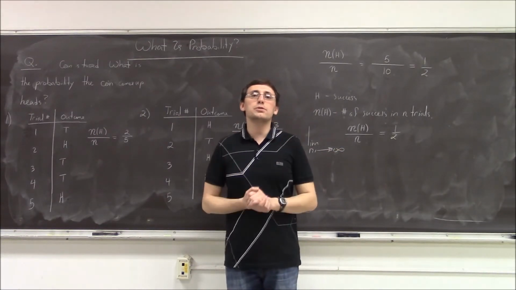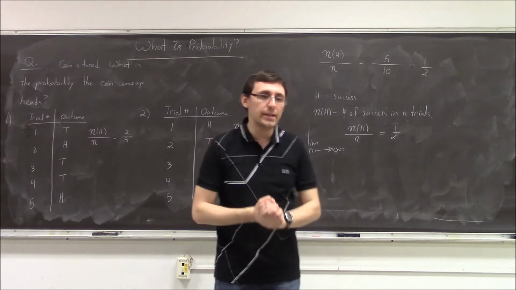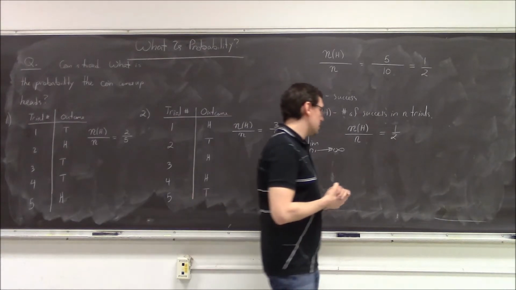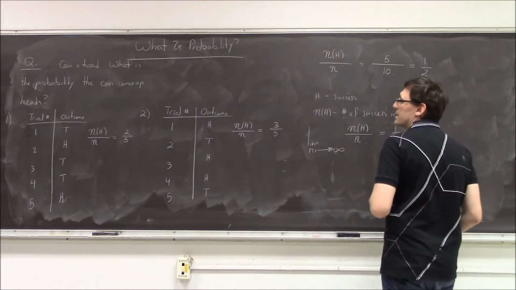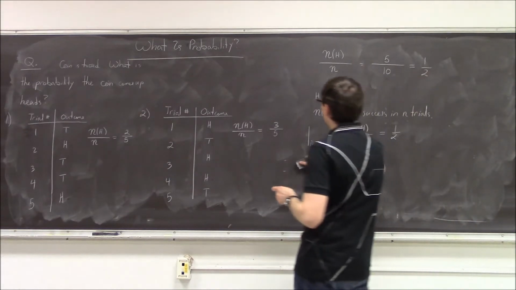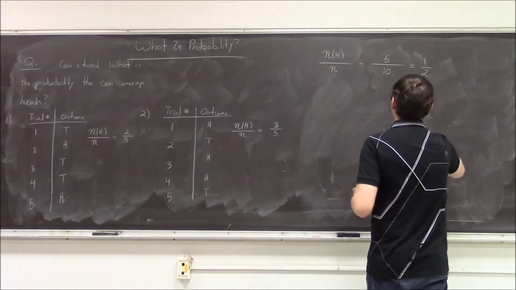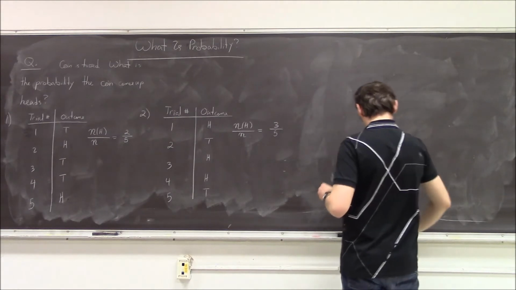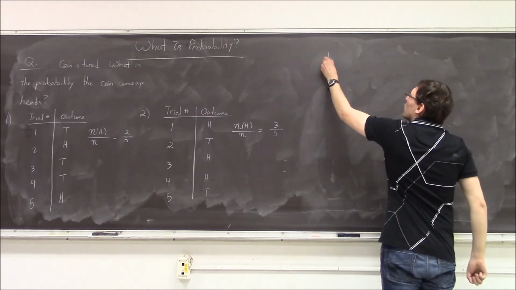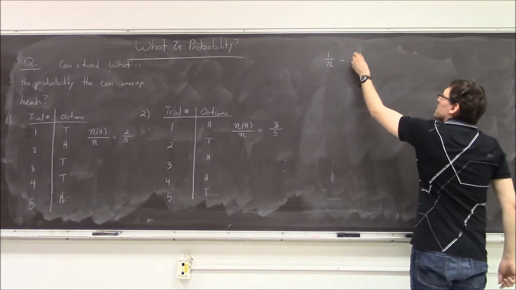Okay? Let me illustrate this point a bit more deeply with a deterministic sequence. Like let's take the sequence 1 over n for simplicity. Here is the sequence 1 over n. It is a deterministic sequence.